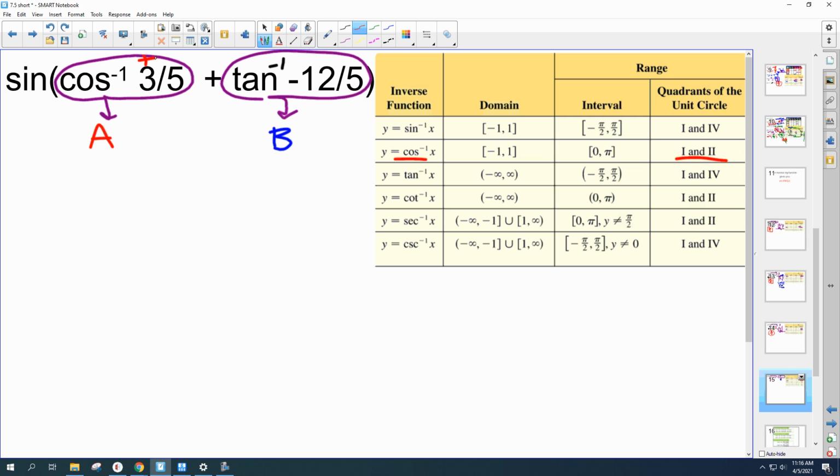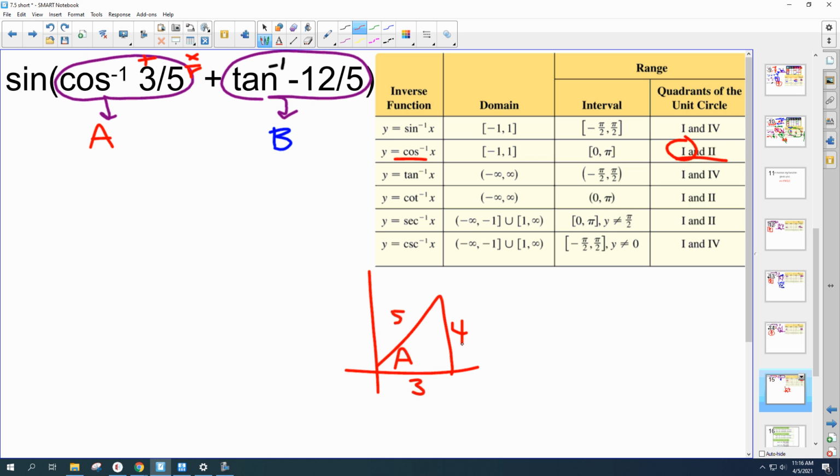Right, if this is positive, we know we're in quadrant 1. So I can draw a picture of angle A in quadrant 1. So the cosine ratio is x over r. So that's going to be x over r, that means this is 4.